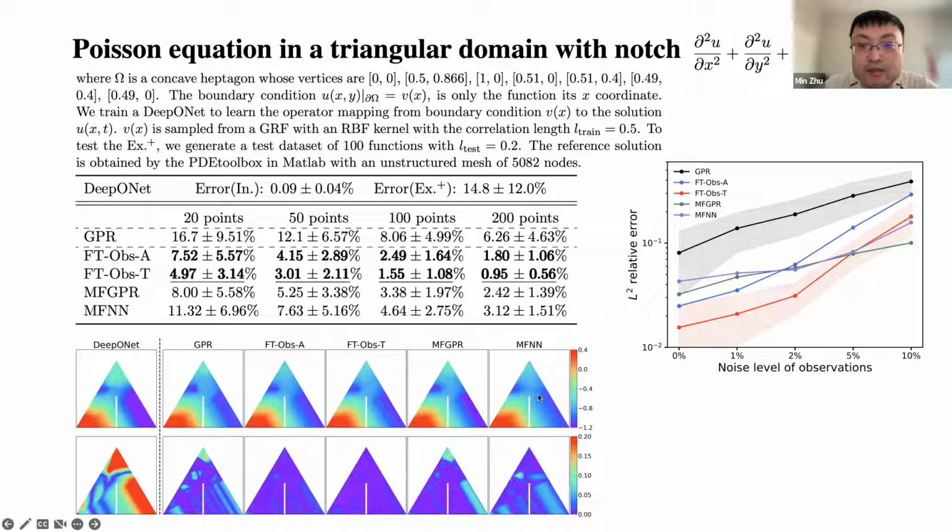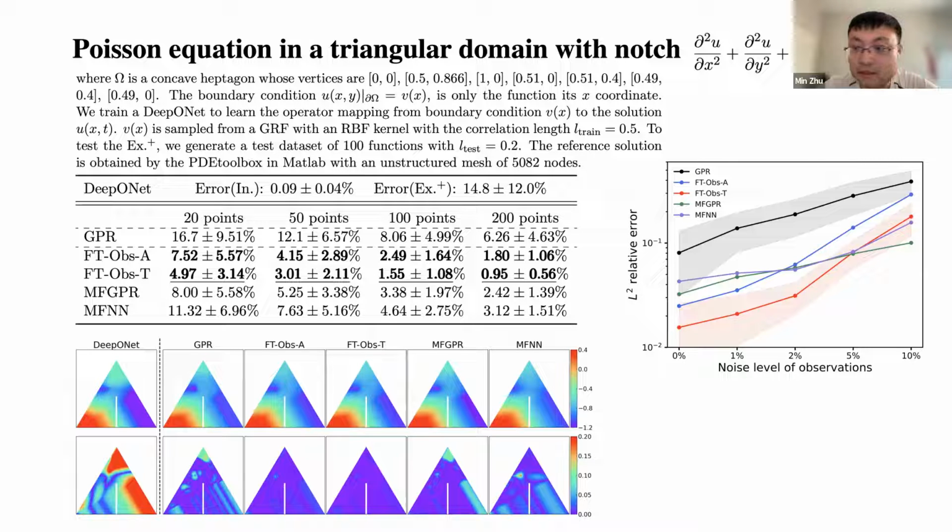The table summarizes the L2 relative errors of the methods, and the conclusions are pretty similar to the advection equation results. The bottom figure is an example illustrating the predictions and absolute errors of all methods when we have 200 observations.